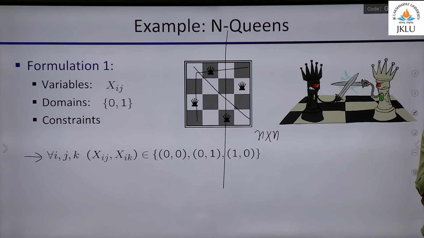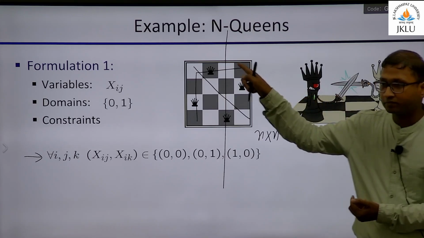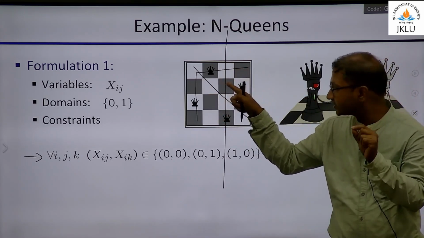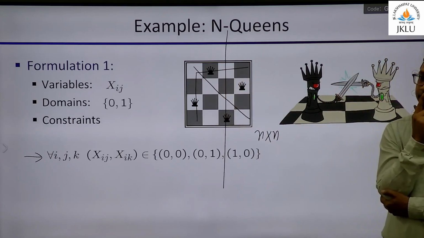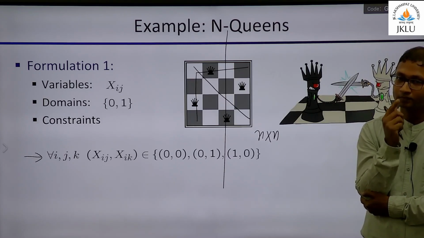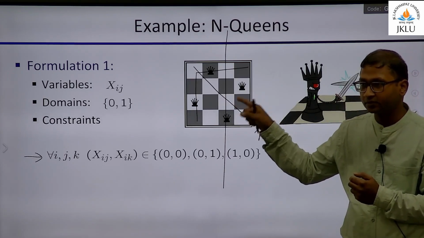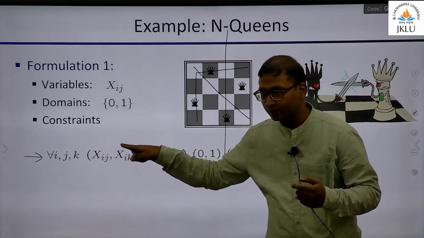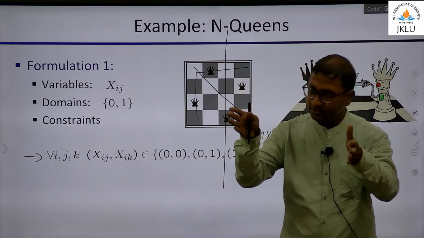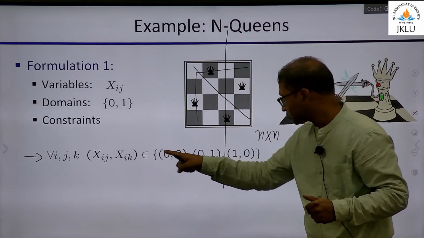What is Xij? A square, one of these. So it's a position. It's this small square. What is Xik? Again a position, right? So one position comma second position, it's a tuple of positions, should belong to this.